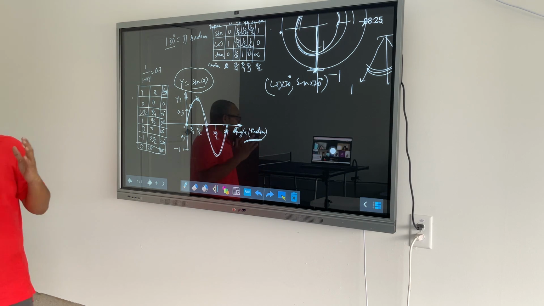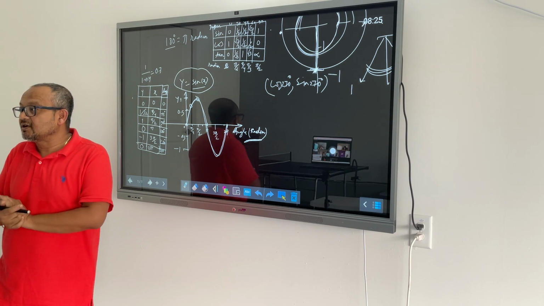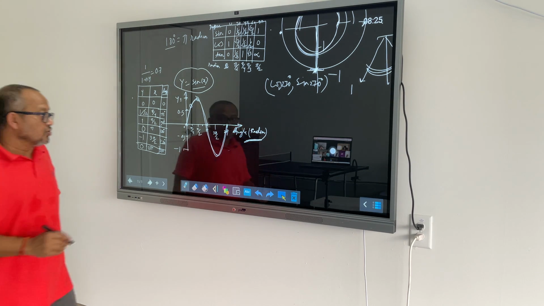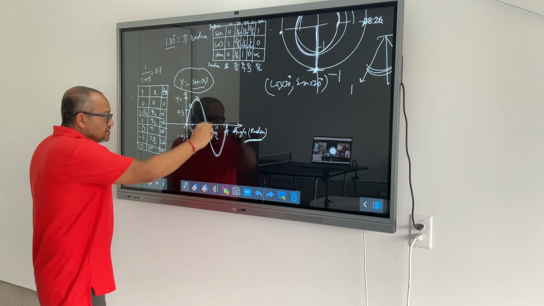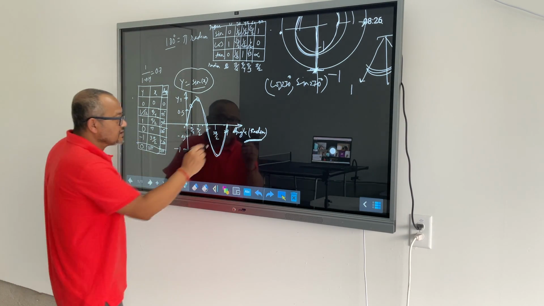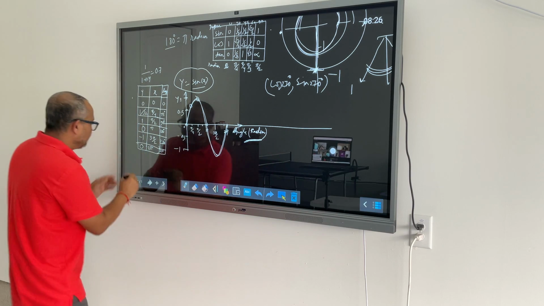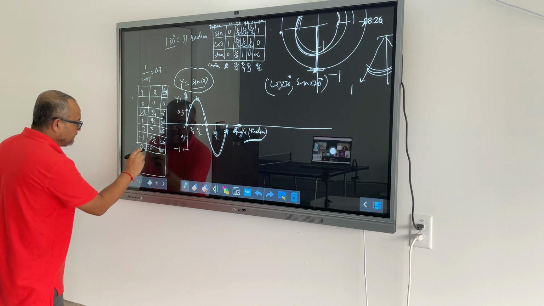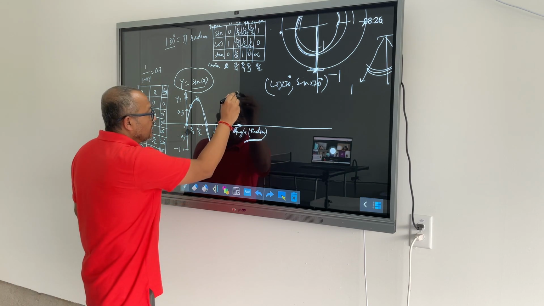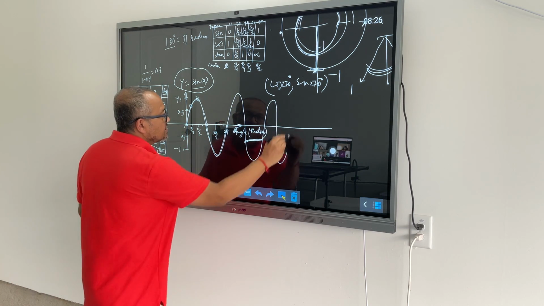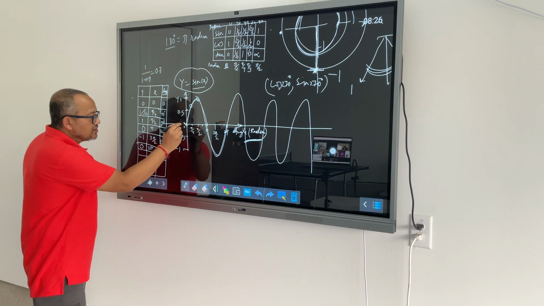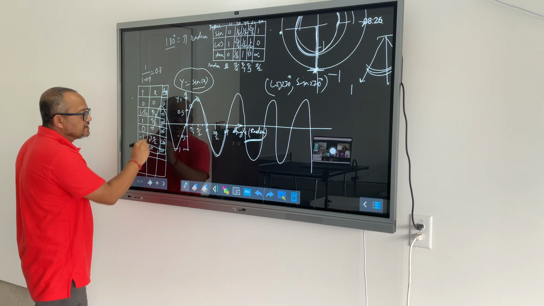And you would have heard about it 100 times for sure. So a shape like this is called a sine curve. And the behavior of this is, if you extend this, if you have more time like I have, you will see that this sine curve will keep on repeating like this. Not only in the positive direction, if you talk about the angles which are negative, you will see this.